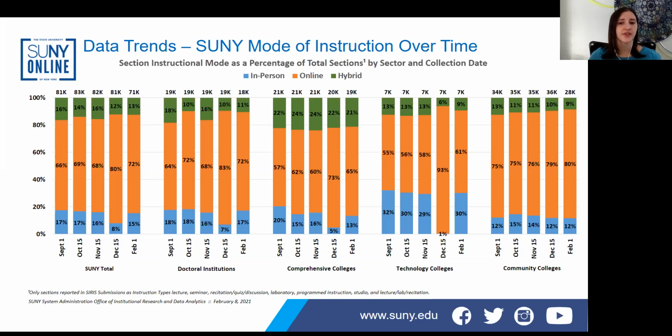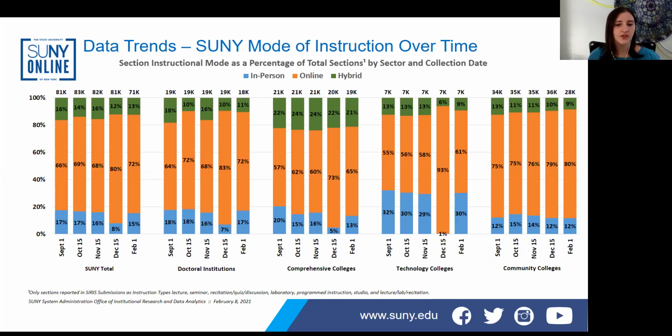But you'll see that the majority of courses were online, and they mostly stayed pretty steady. And after December 15th, which makes sense because at that point, after Thanksgiving, most campuses were shifting to fully online. That was part of their plans. You see a little bit of a dip in the in-person components. So I think that's pretty much what we would expect to see.